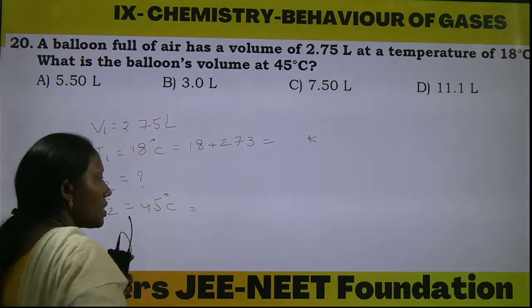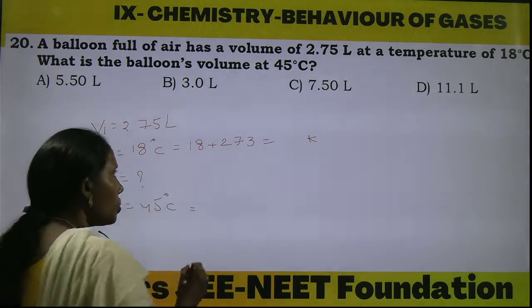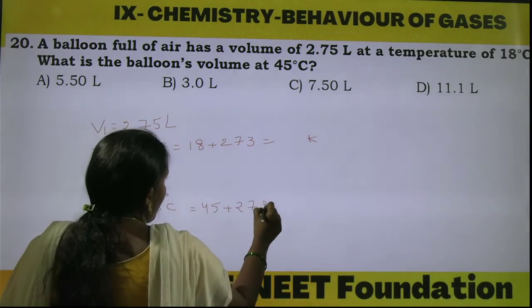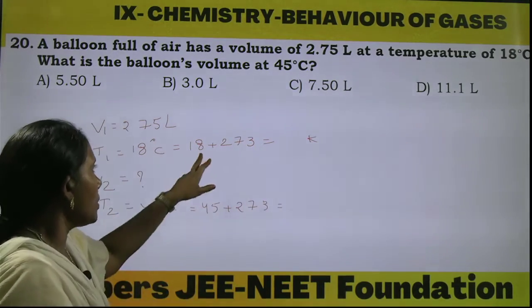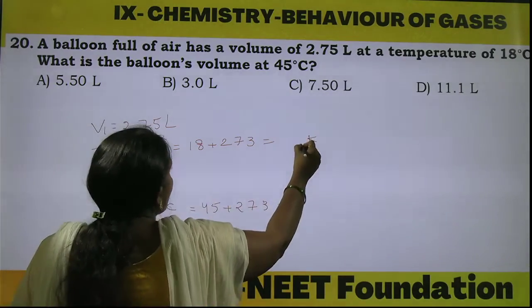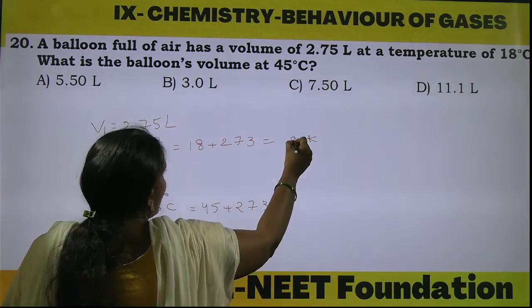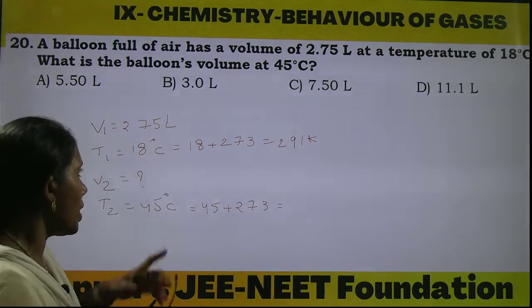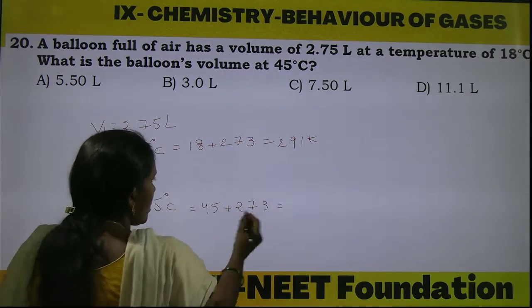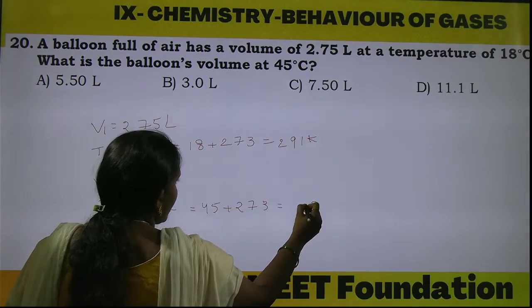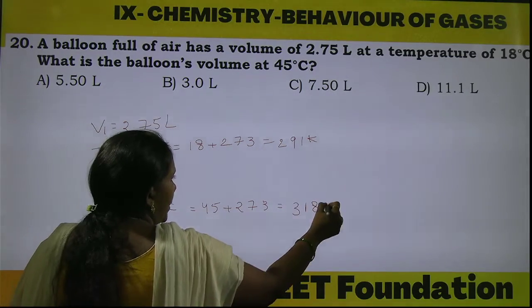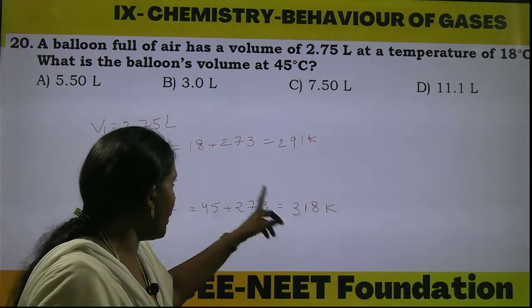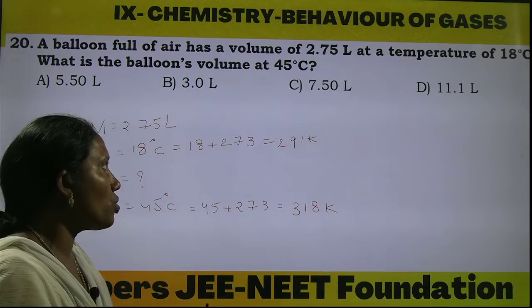This 45 degrees Celsius also you have to convert into Kelvin. Then 45 plus 273. 18 plus 273 is 291 Kelvin, so T1 is 291 Kelvin and T2 is 318 Kelvin, since 45 plus 273 is 318.